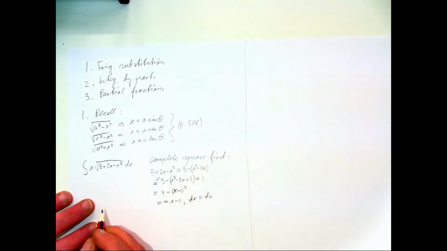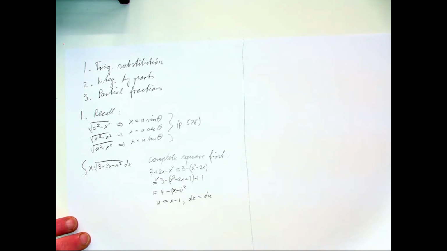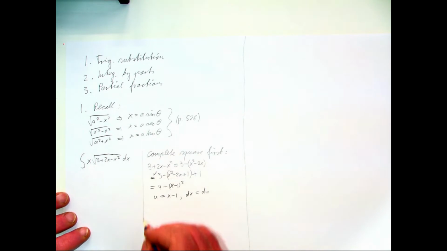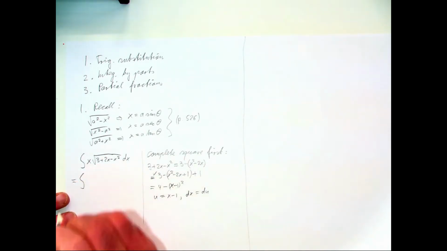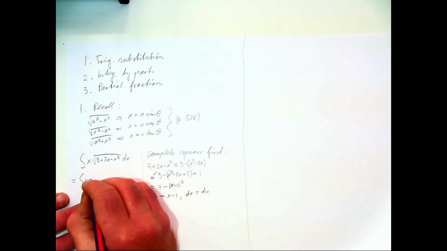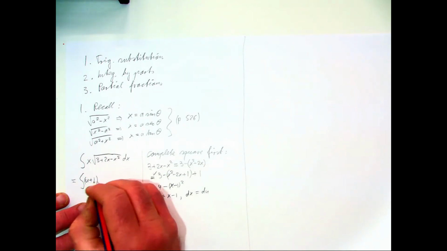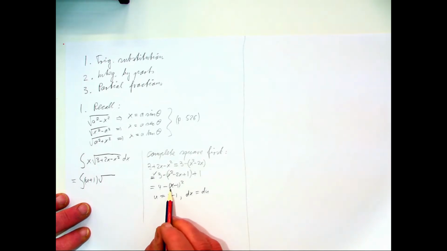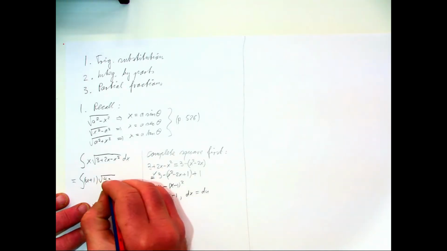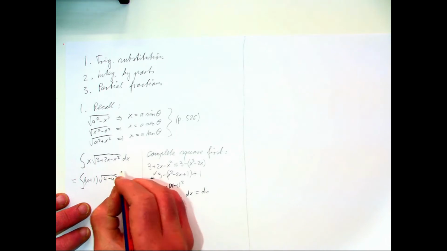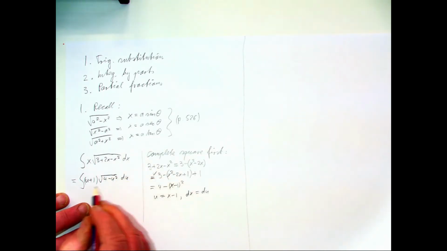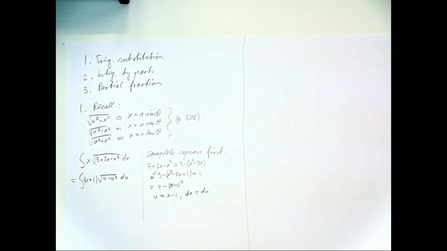And now we can rewrite the whole expression in terms of u. x is u plus 1. And under the root, I have 4 minus u squared. And the dx is the same as the du. And now this expression, yeah, any questions?